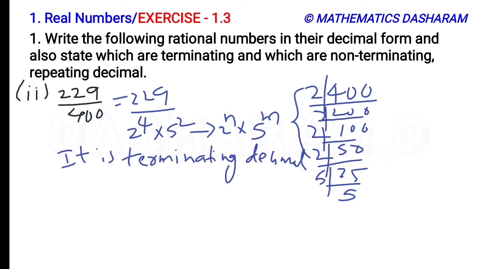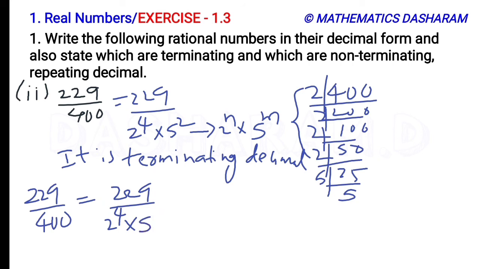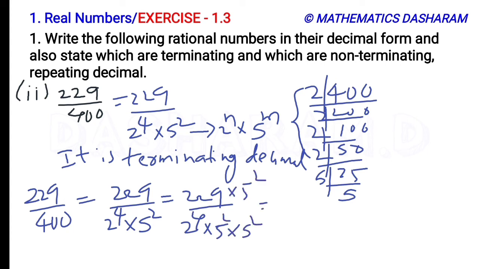Now convert into decimal form. 229 divided by 400 equals 229 divided by 2 to the power of 4 into 5 square. Here we need the same power for the 2 and 5 to get the decimal form. So 2 to the power of 4, 5 square, now an extra 5 square is required. The same 5 square multiplies with the numerator.